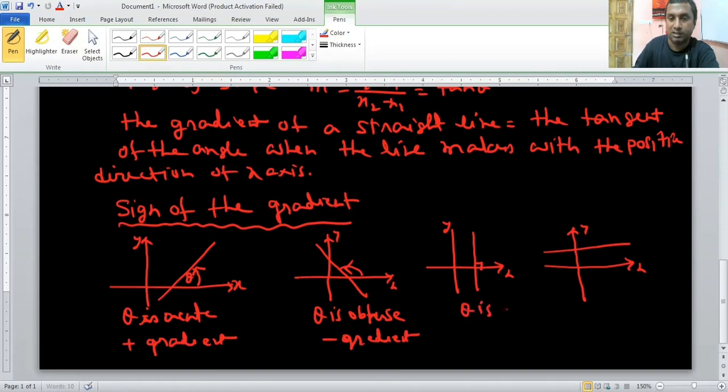Theta is 90 degrees, no gradient, and theta is 0, so 0 gradient. I mean 0 gradient. Okay.